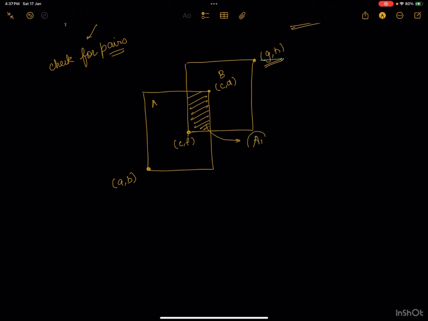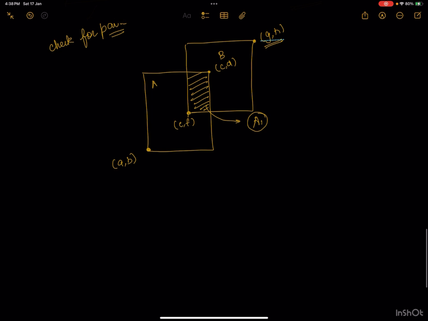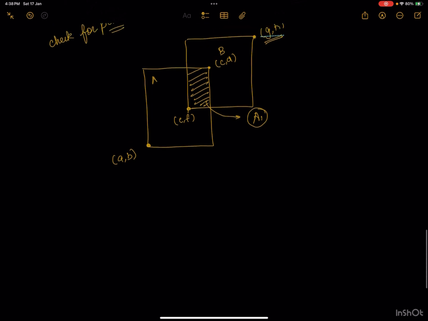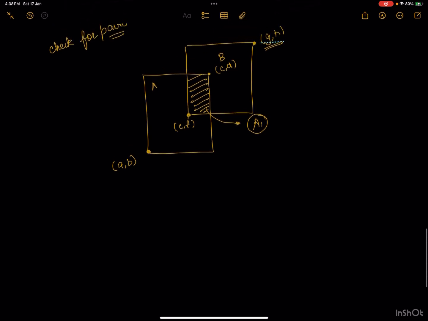How are we going to find the area of this A1? So for that, what we are going to do is we consider these two coordinates given to us, that is this one and this one.